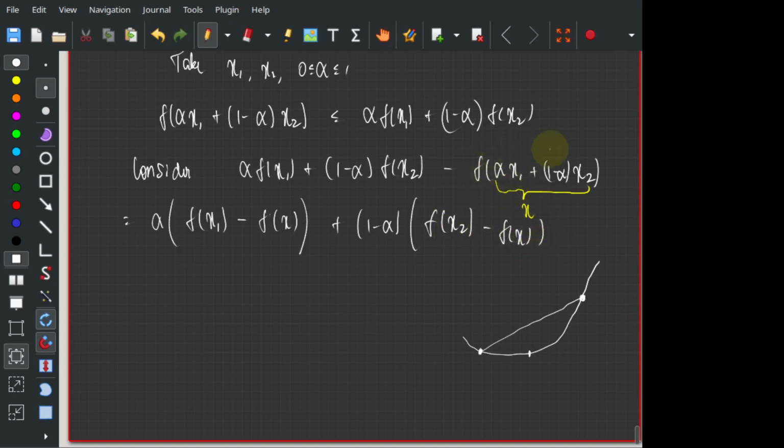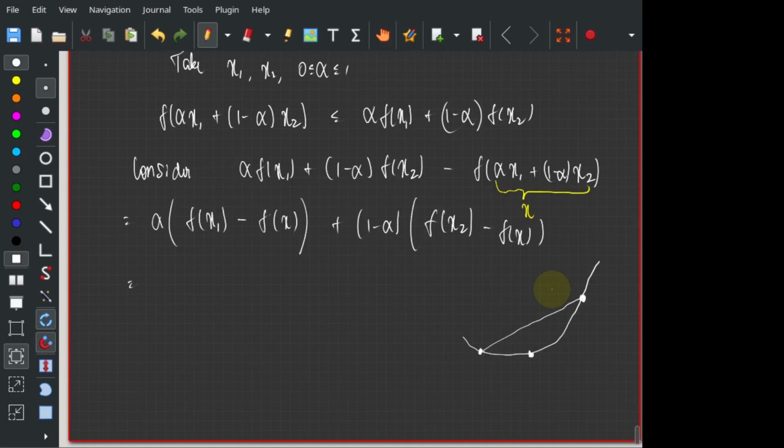Because I can write f of x as f of x times alpha plus 1 minus alpha, and I've just split the two. Everything's fine? All right. So I have f of x1, f of x, f of x2, f of x. These are the three points that I'm looking at.